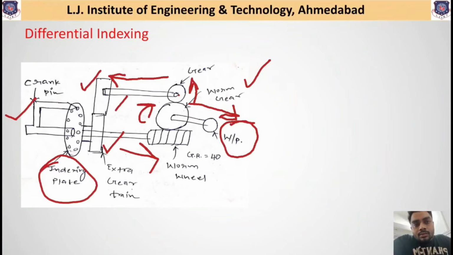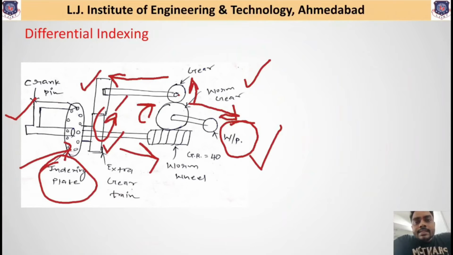So now this gear will also rotate, and the rotation of this gear is directly applied to this indexing plate, and the rotation of this indexing plate further rotates the workpiece as per the gearing ratio available.